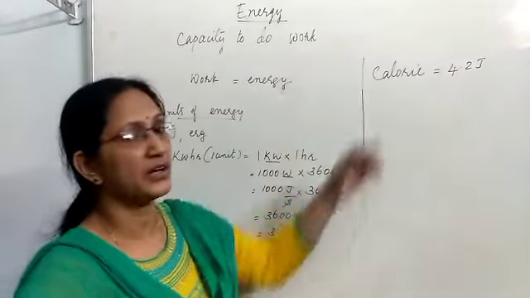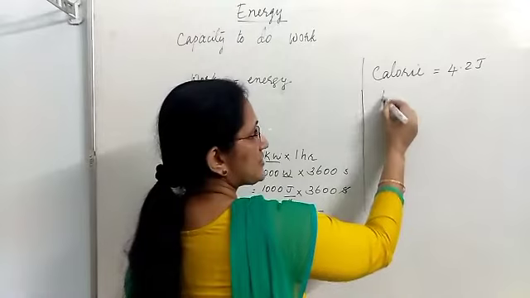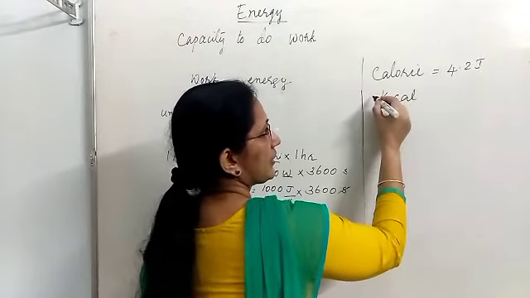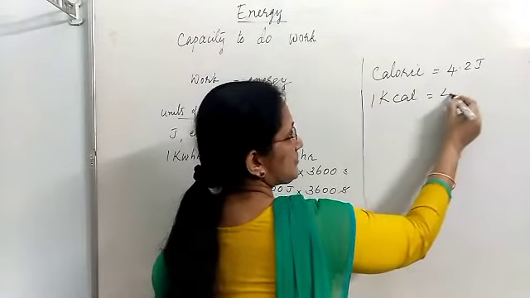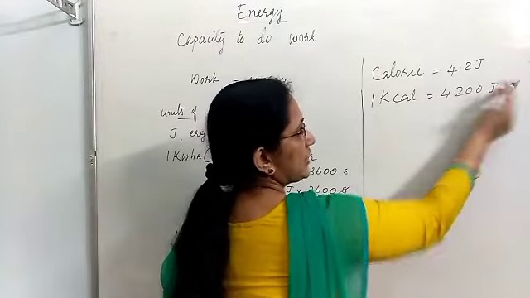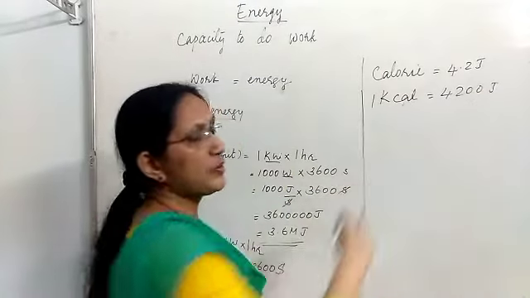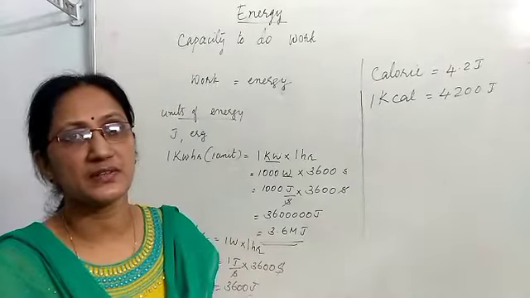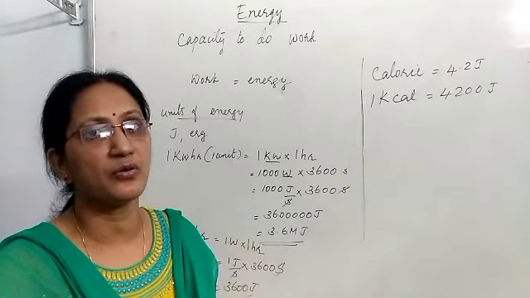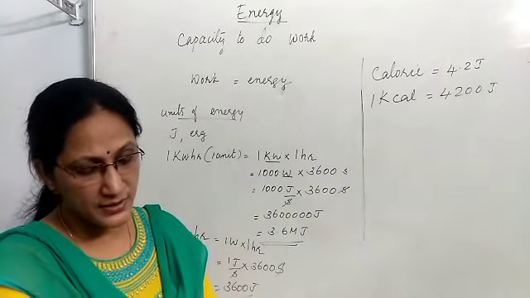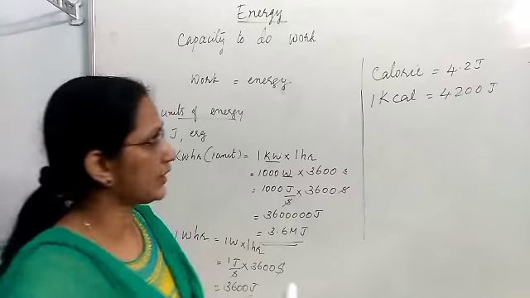That is known as 1 calorie. Then another unit is the kilocalorie. 1 kilocalorie is 4200 joule. Its definition is the amount of heat energy required to increase the temperature of 1 kilogram of water through 1 degree Celsius.